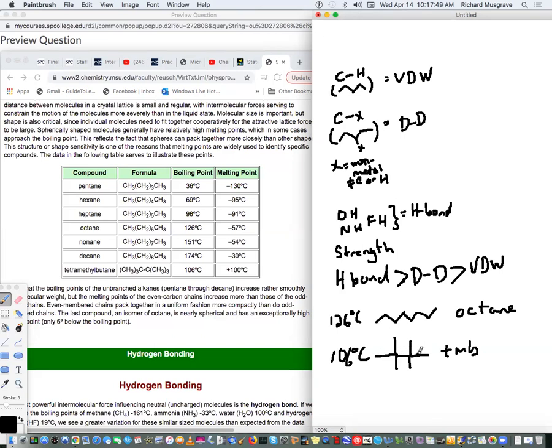In other words, it's got a straight chain of carbons, but then it's got carbons coming off that straight chain. And even though it has the same number of carbons as octane, because of its shape, it doesn't have as high a boiling point because we can't get as much surface contact going here as we can in the straight chain. Does anybody have any questions about this example?